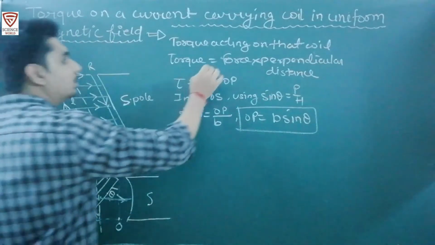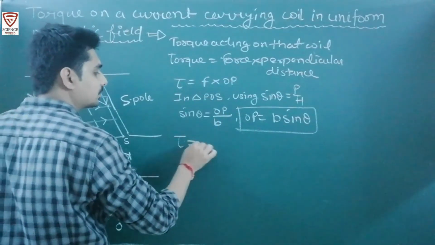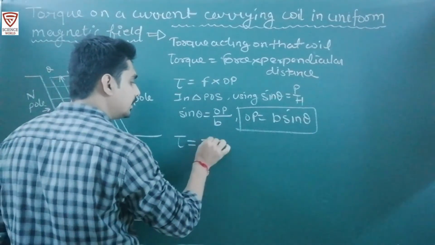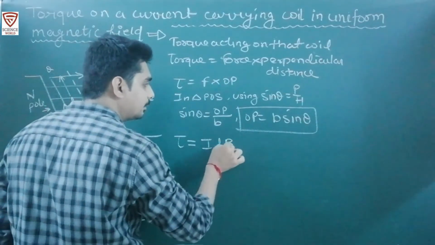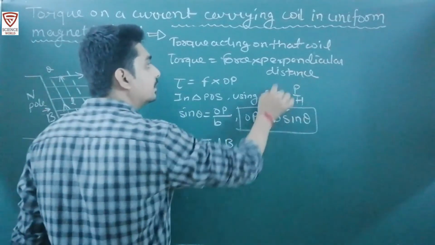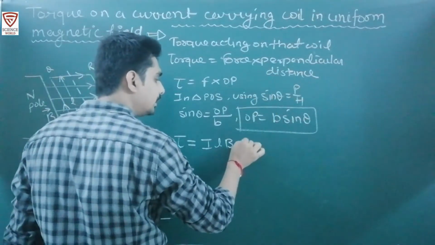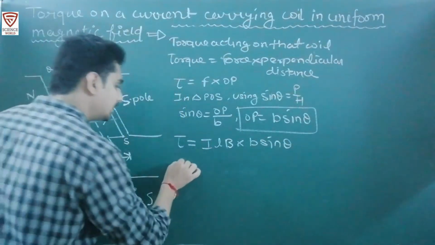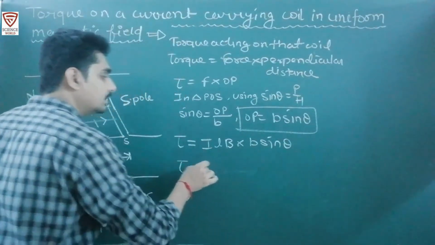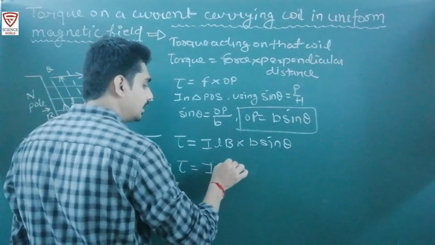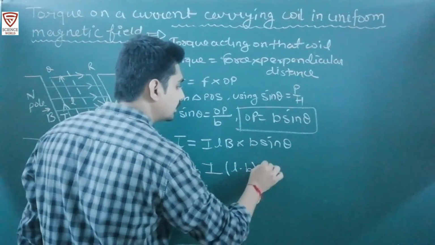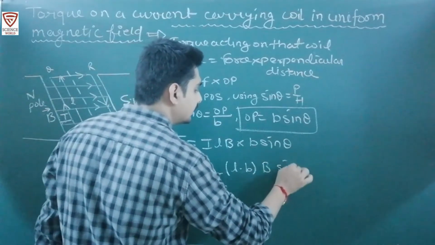Now we will put both values in this equation. So tau is equal to force. What is the value of force? ILB. And the perpendicular distance OP is equal to B sin theta. Then tau will be I, and putting these together, L into B sin theta.